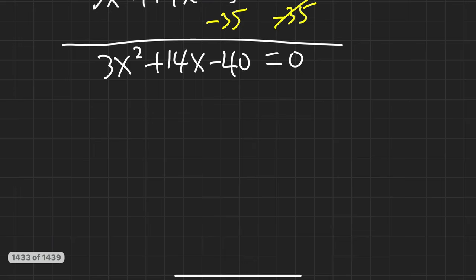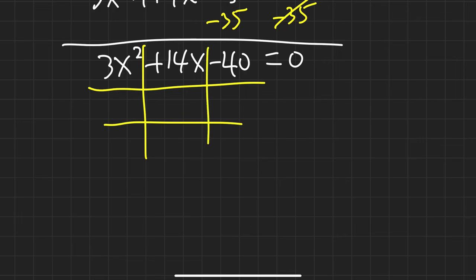Now, the numbers are a little bit bigger, but let's just try it. 3x squared, we need 3x and x. To get negative 40, you can try 10 and 4. One of them should be negative, but I don't think they will work. 5 and 8, you can try 5 and 8, but I don't think it will work either. 2 and 20, let me put 20 here and 2 here, and we need to end up with positive 14 right here, right?